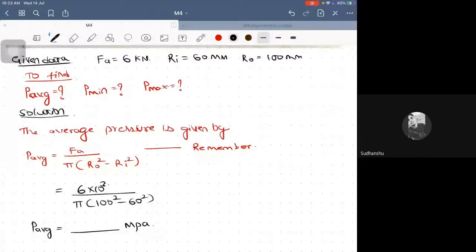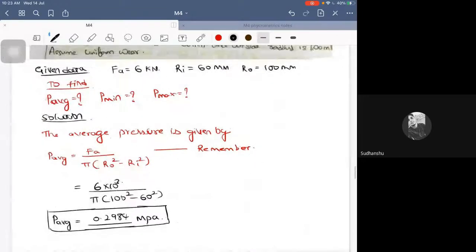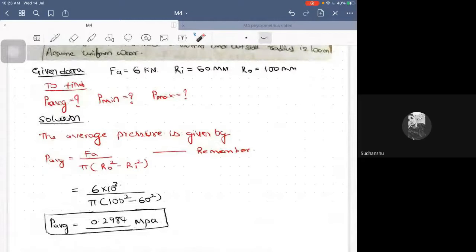Excellent. 0.2984 is the value of average pressure. So the only new thing is you have to remember the formula for the average pressure. That is why I have highlighted it in red color, and I have even written remember. So please do write the same thing in your notes as well.